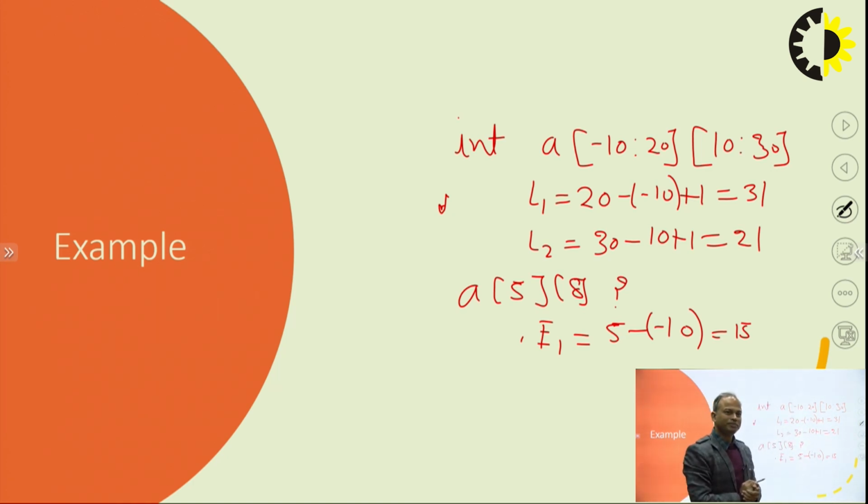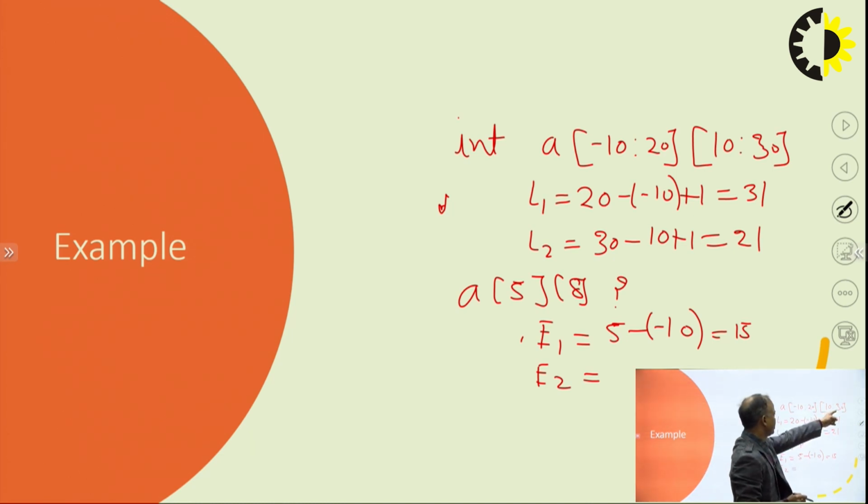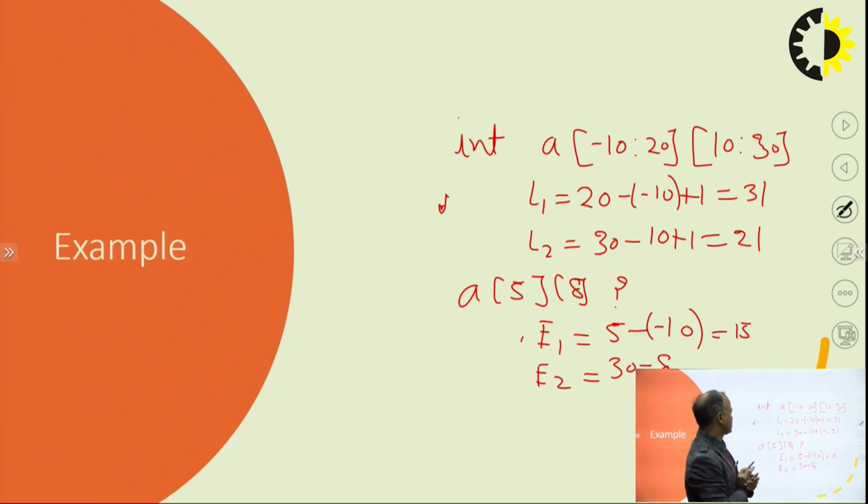Now E2 will be the effective address, I mean this is 30 and this one is 8. So the effective difference will be 30 minus 8.